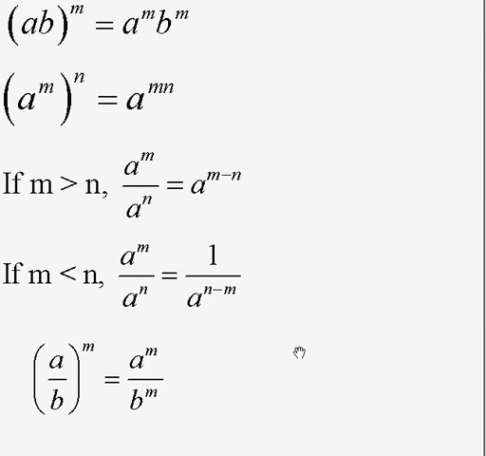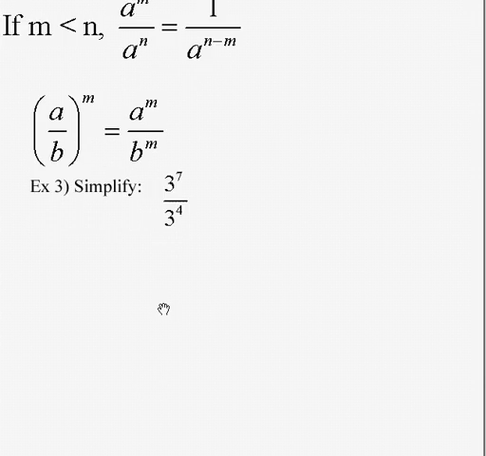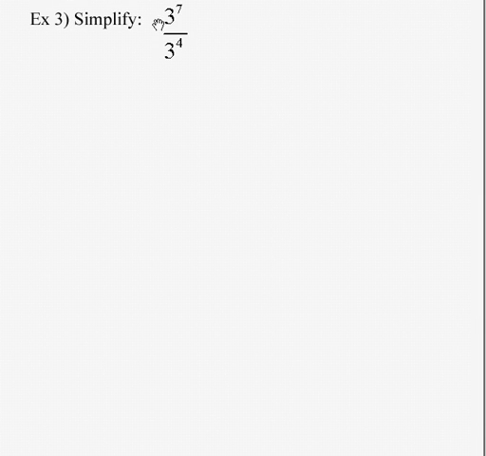Alright, we're going to take these laws of exponents and put them to use in the following examples. When I have 3 to the 7th divided by 3 to the 4th power, no longer do I need to list 7 3's in the numerator and 4 3's in the denominator.